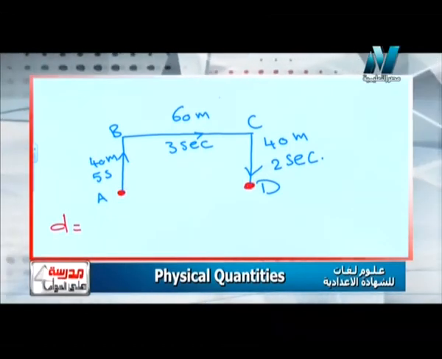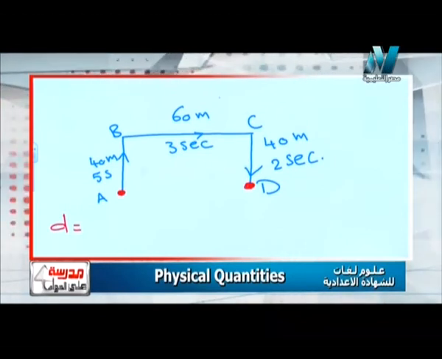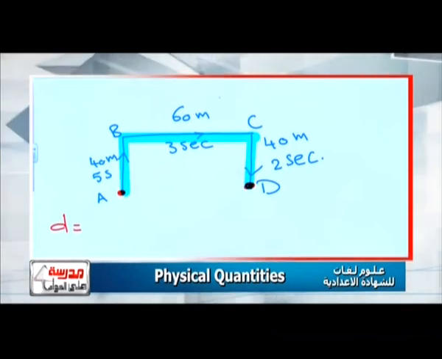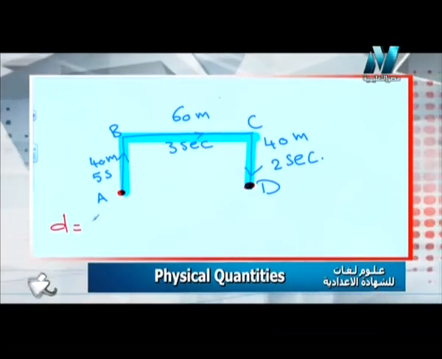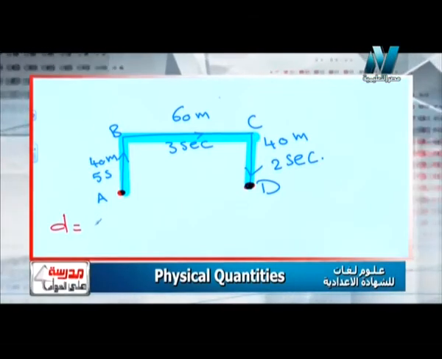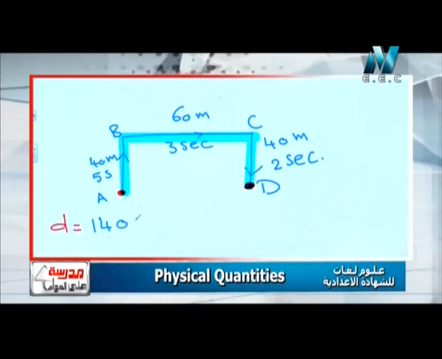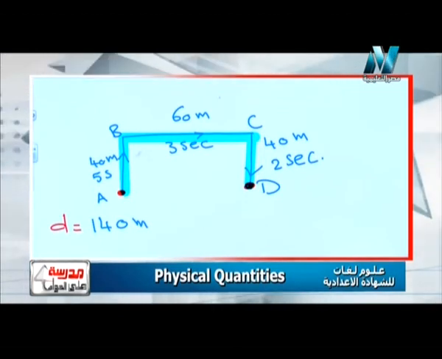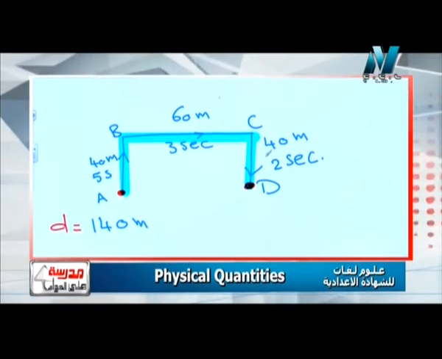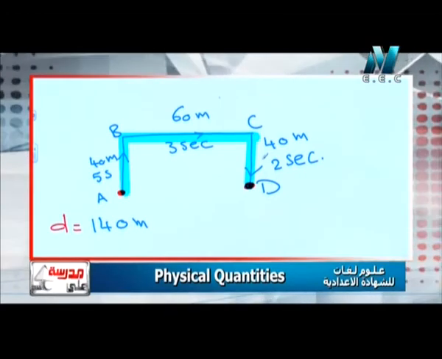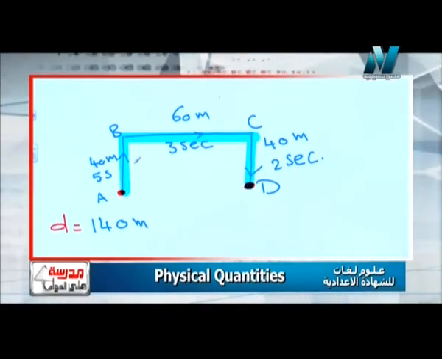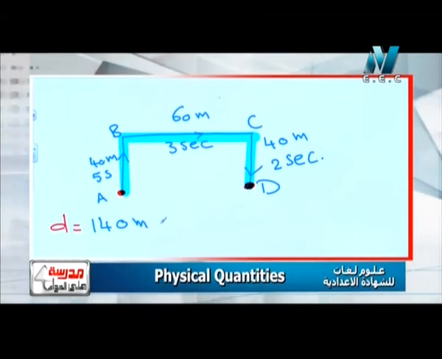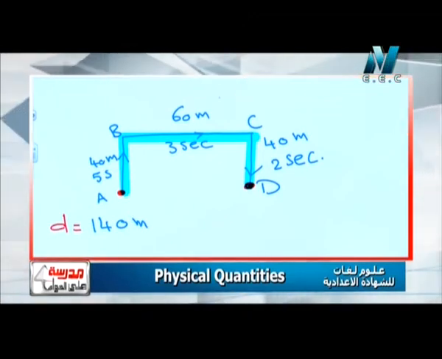So the actual length the body walked, as we see here A, B, C, then D, equals 40 plus 60 plus 40, which equals 140 meters. So we have 140 meters.